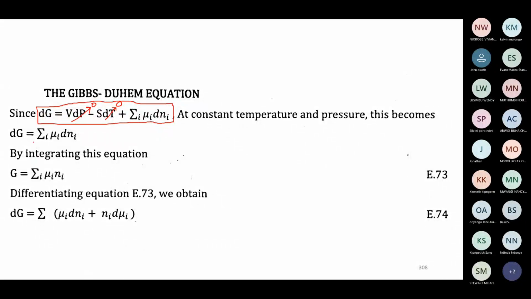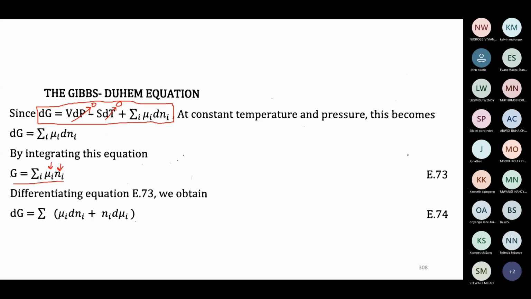When we integrate this expression, it becomes G equals the sum of all mu_i n_i. When you differentiate this now, notice that we have two variables, mu_i and n_i.